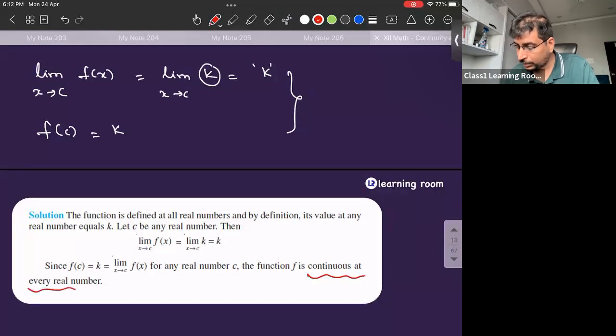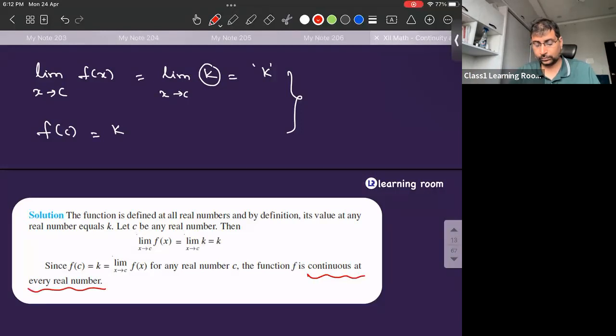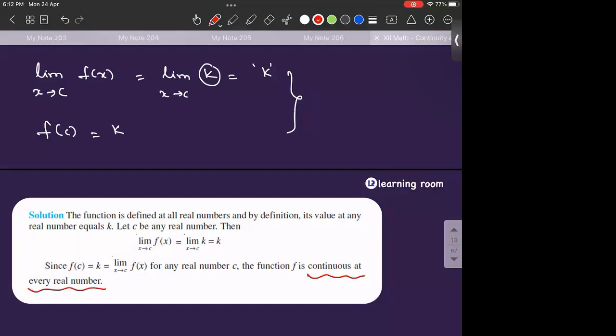So this gives you an idea that a constant function is continuous at every real number. Am I clear with this? Yes, sir.